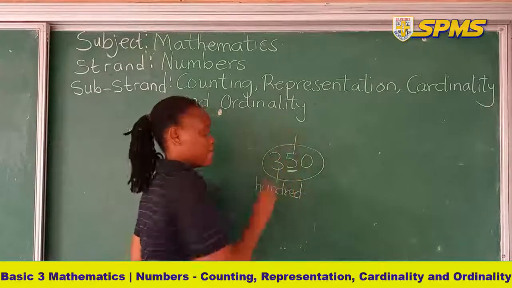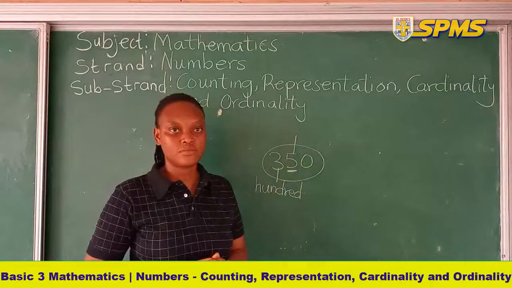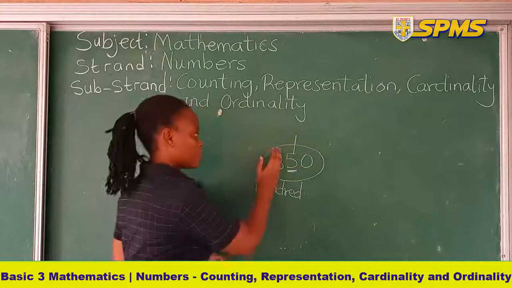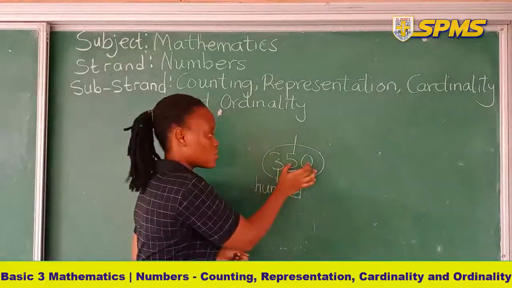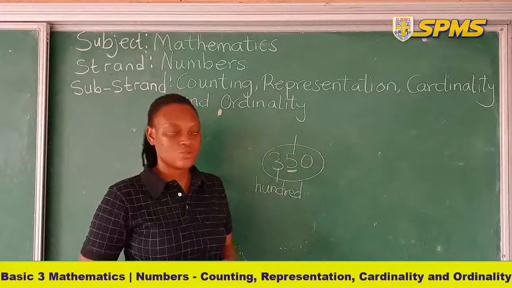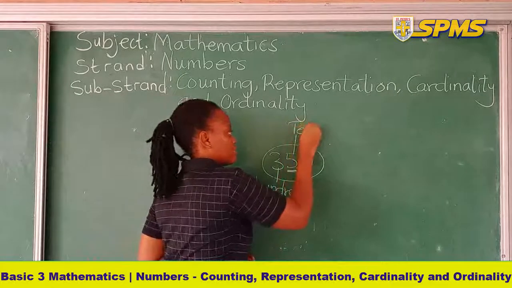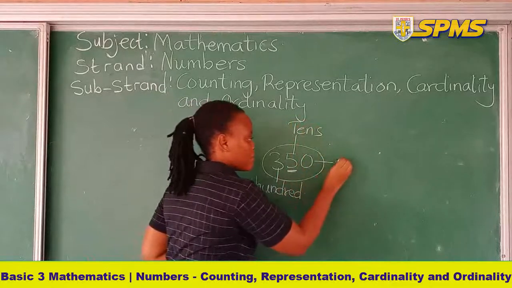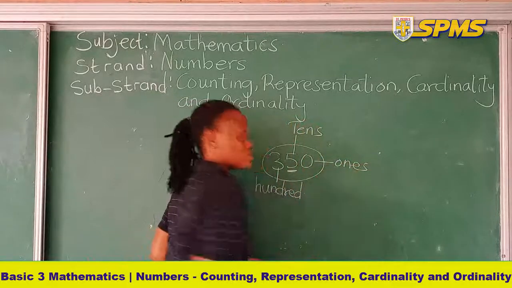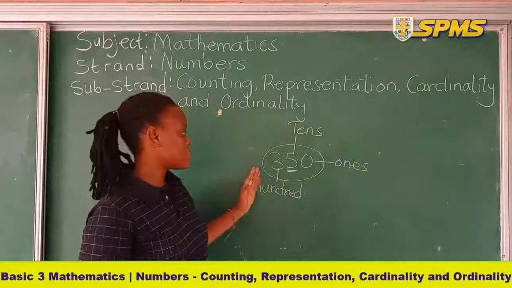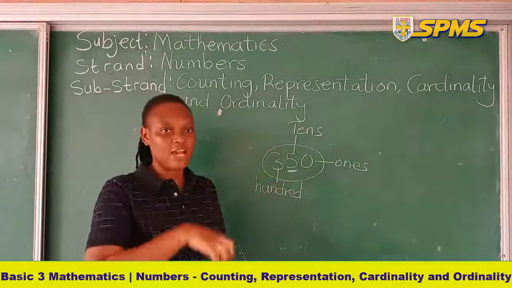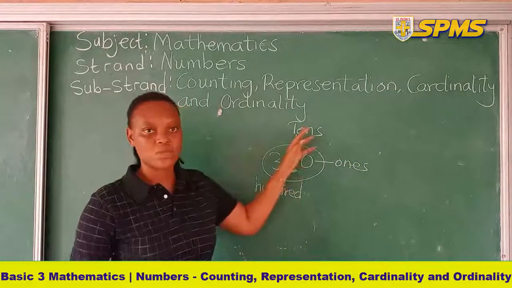So this 5, when we take off the 3, we are left with what? 2 numbers. So the 5 represents the tens. And then our 0 is the ones. So with this, we can say that the place value of 5 is what?